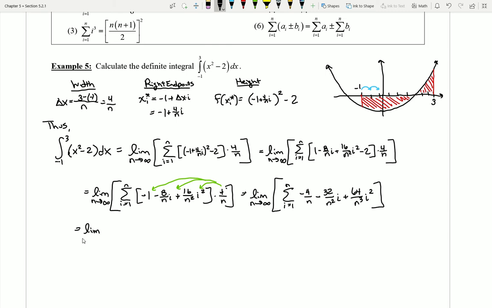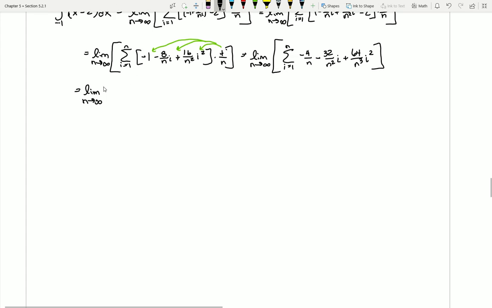So I'm going to have a limit as n approaches infinity, and I'm going to rewrite this as a summation of negative 4 over n, minus the summation from i equals 1 to n of 32 over n squared times i, and then plus the summation of 64 over n cubed times i squared.